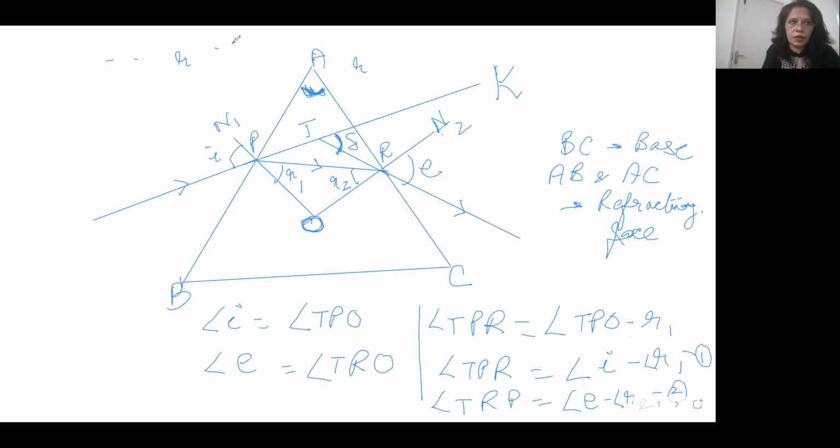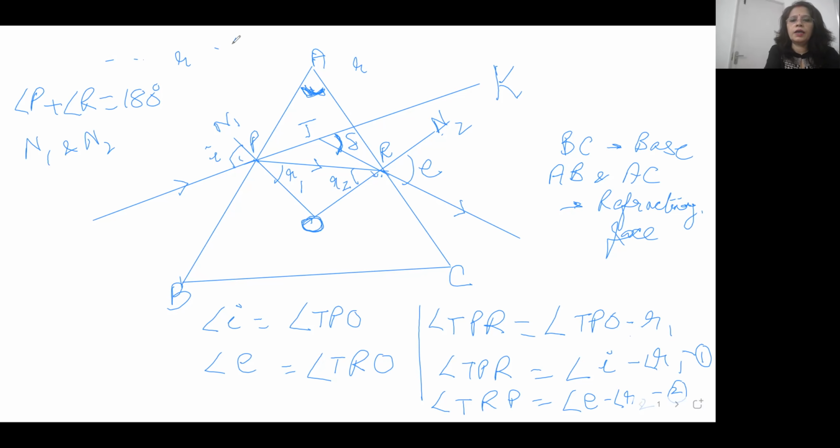Also, in this quadrilateral APOR, angle P plus angle R will be equal to how much? 180 degrees, because we are drawing the two normals N1 and N2. So these two will be 90 degrees.